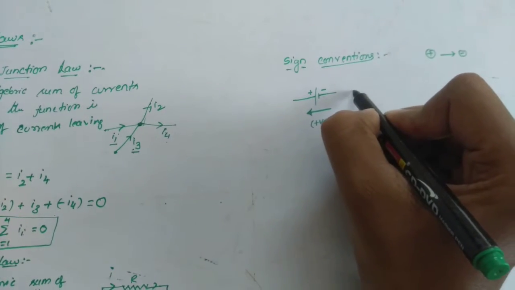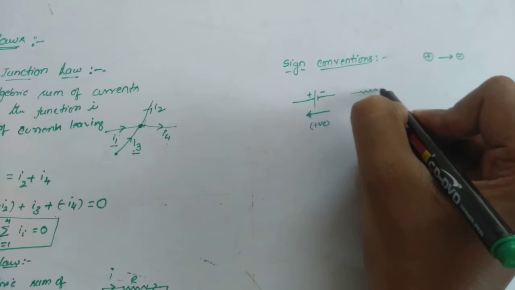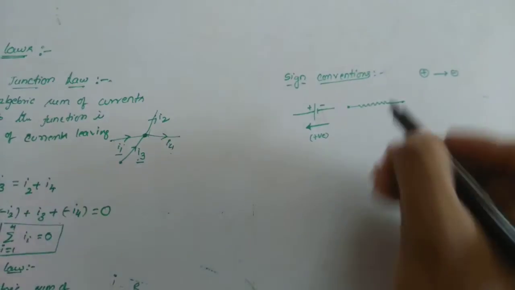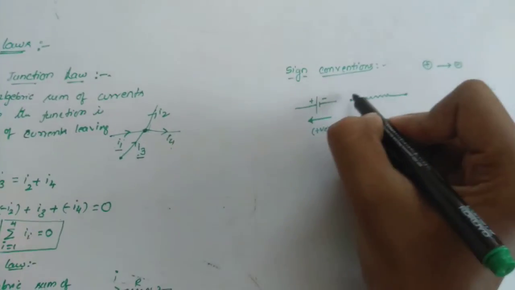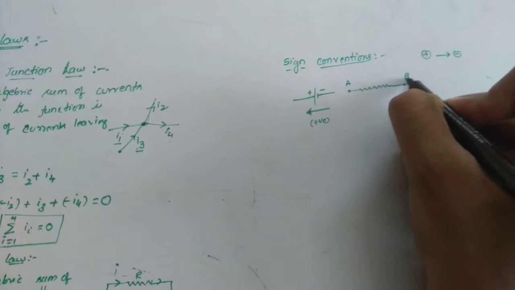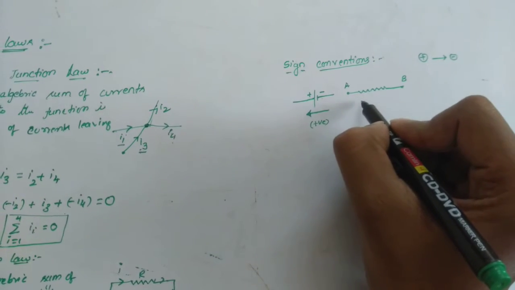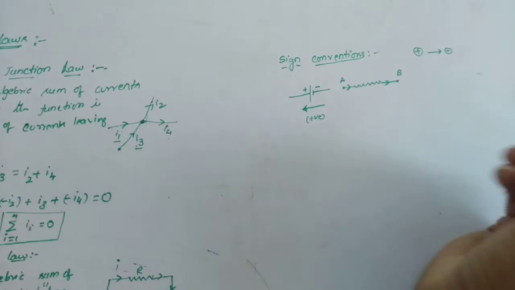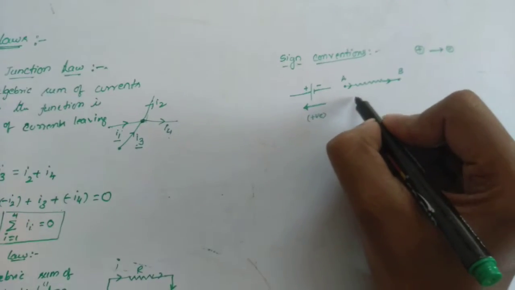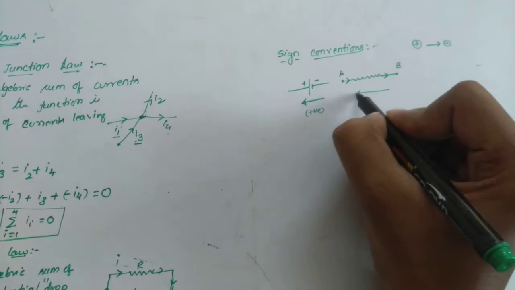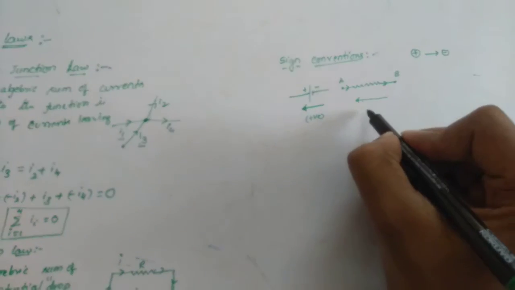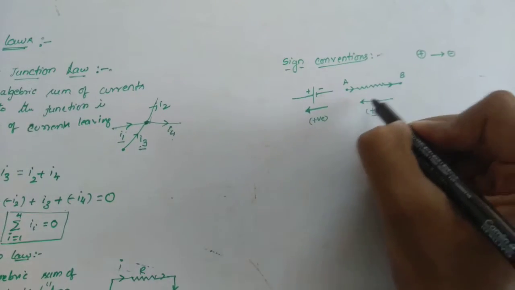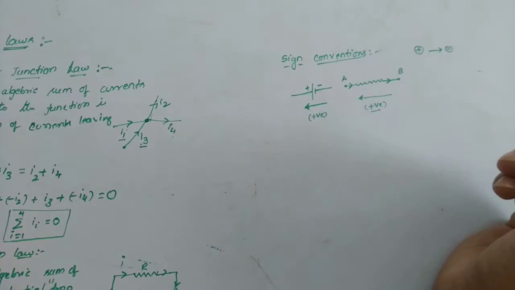For example, let us consider one resistor. Take this point as A, take this point as B. Now let us consider current flowing from A to B, and we are moving opposite to the direction of current. Then it can be taken as positive, because current always flows from high potential to low potential.